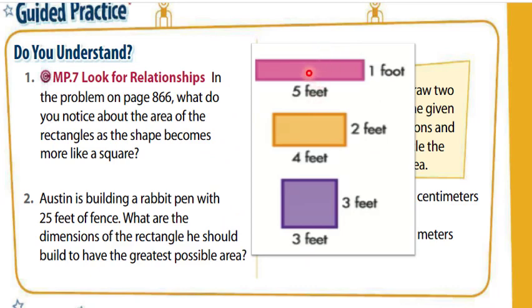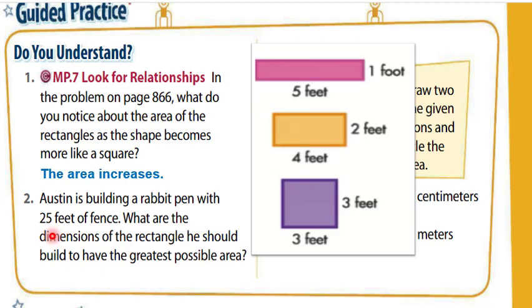As you move from the pink shape, then to orange and then purple, what is the difference in the area? Is it increasing? Is it decreasing? Excellent. The area increases. Very good.